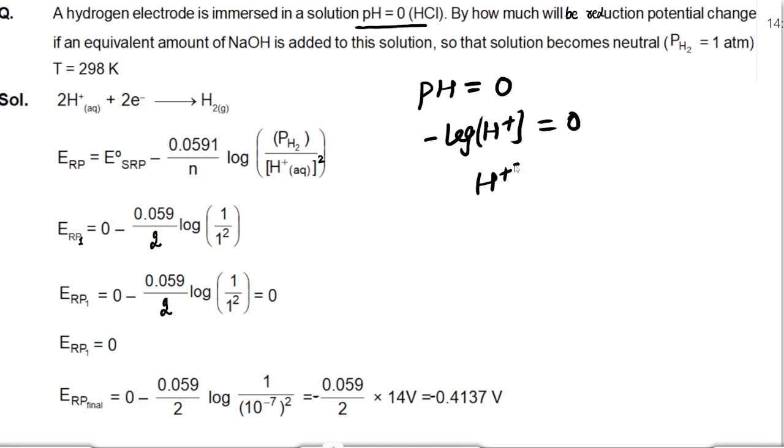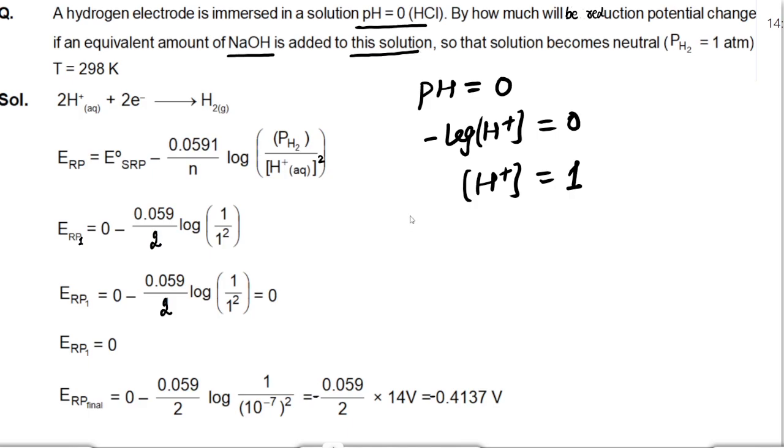That means H+ concentration is 1. Then by how much will the reduction potential change if an equivalent amount of sodium hydroxide is added to this solution? So when we add an equivalent amount of sodium hydroxide, what will happen?